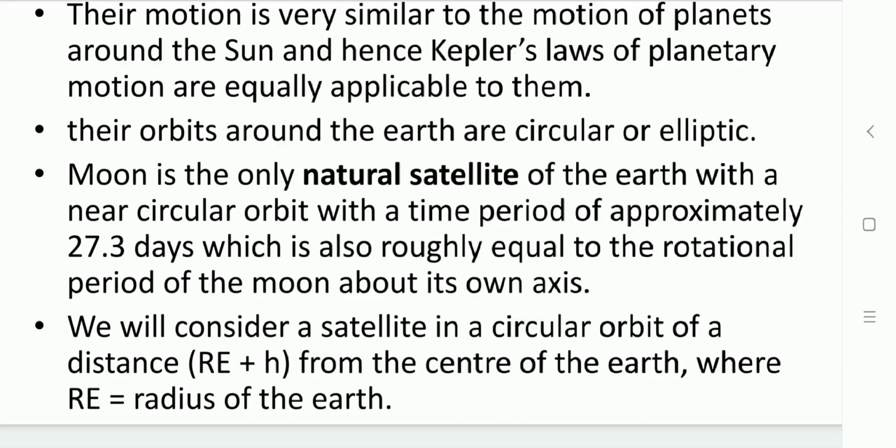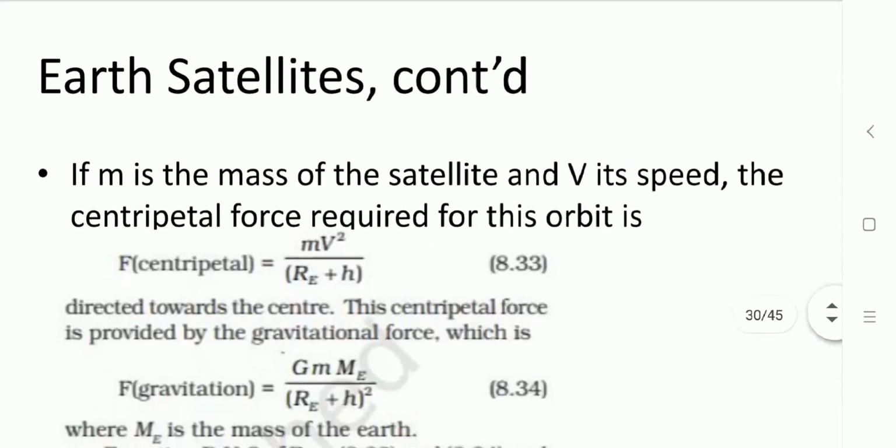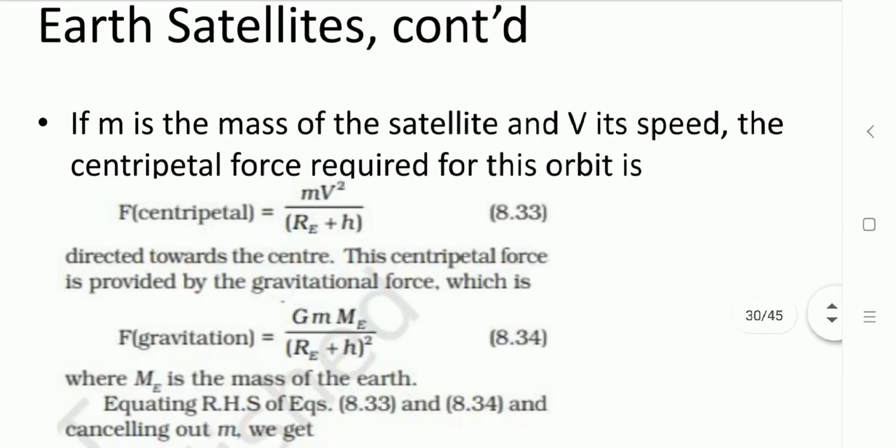If small m is the mass of the satellite and v is its speed, then the centripetal force required to move in that orbital path is mv square upon RE plus h, directed towards the center of the Earth.